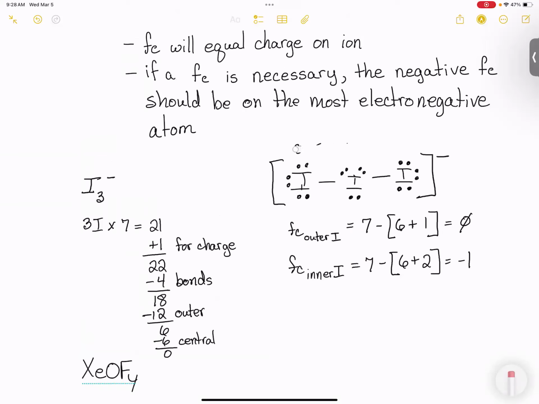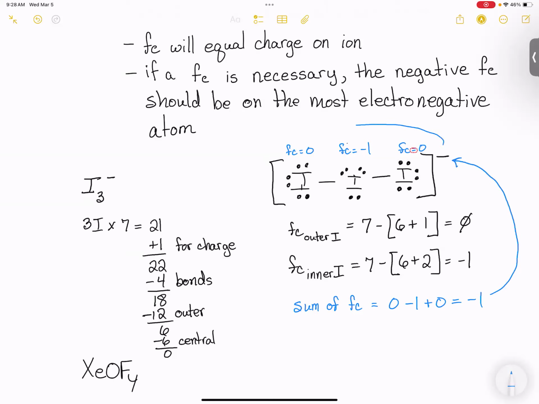So if I were to look at this, the formal charge of these outer atoms is 0, and the formal charge of the inner one is a -1. This makes sense because the sum is a -1, which is equal to the charge on the ion.